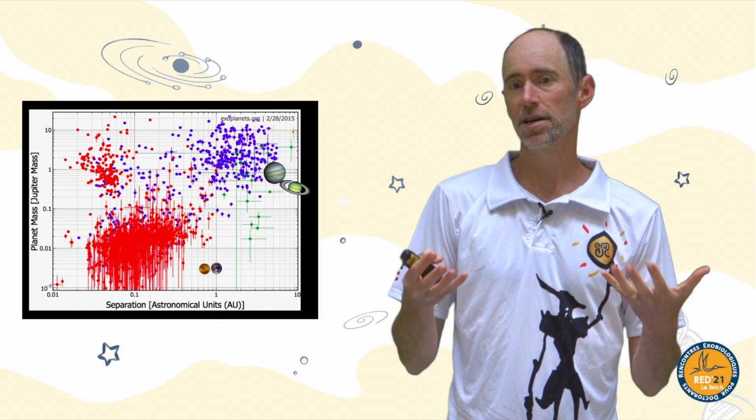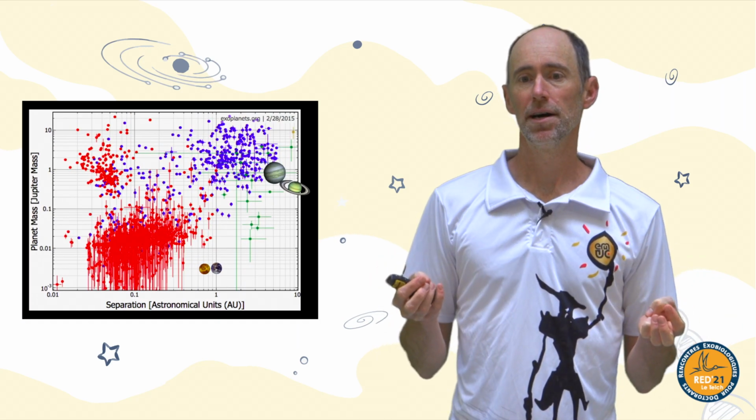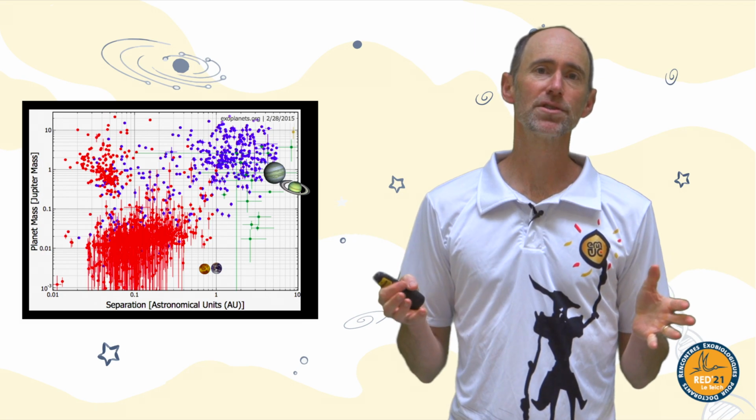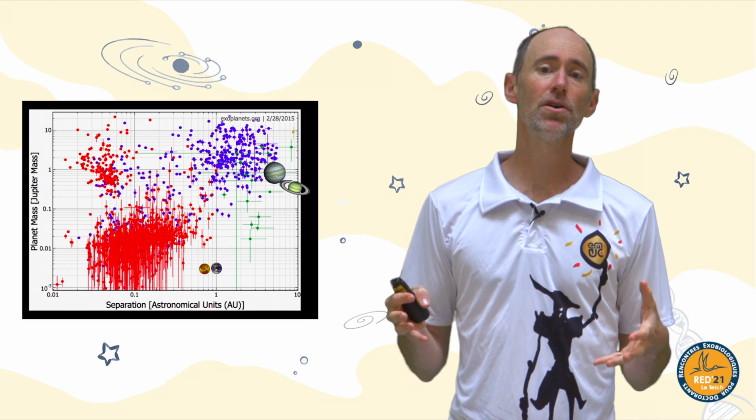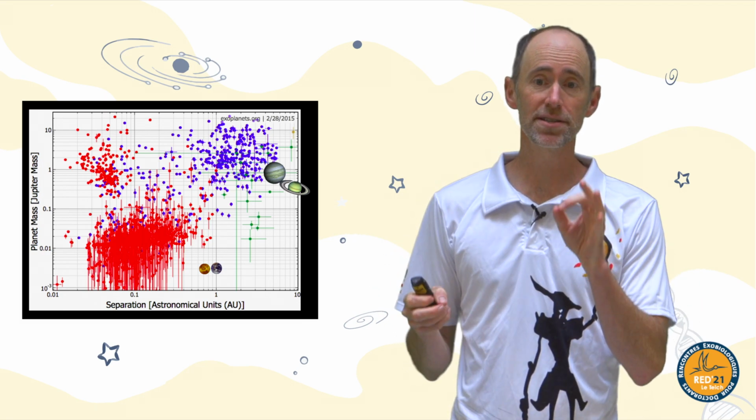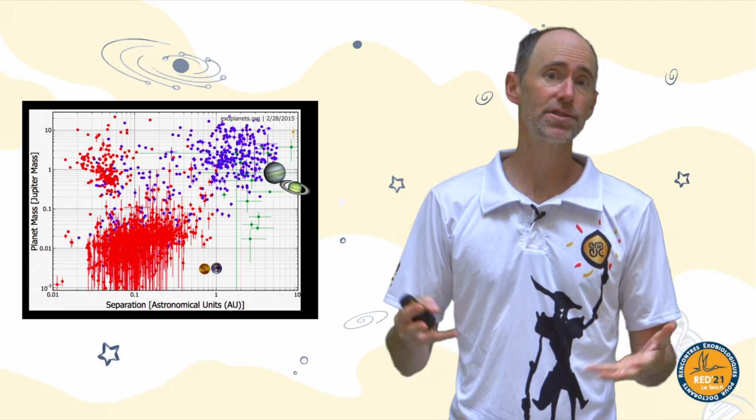About a third to a half of all main sequence stars are thought to have super-Earth planets around them. And so they're a key population of objects that we would like to understand.